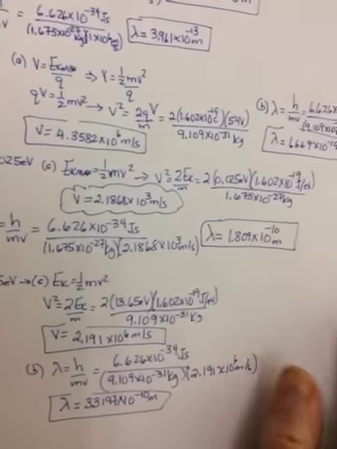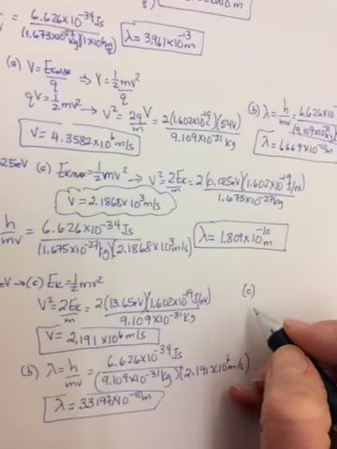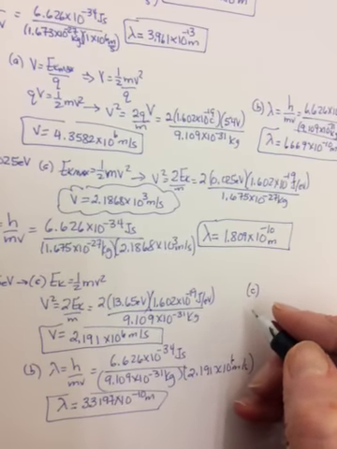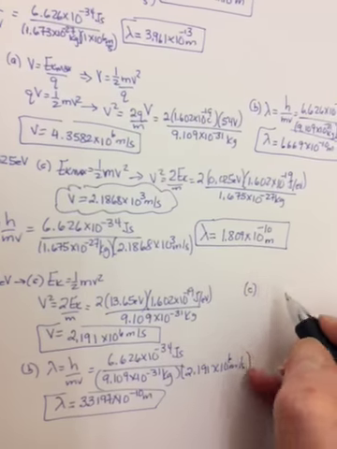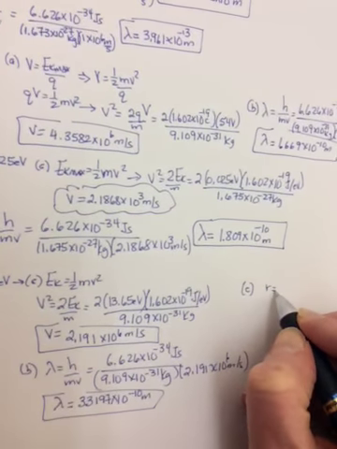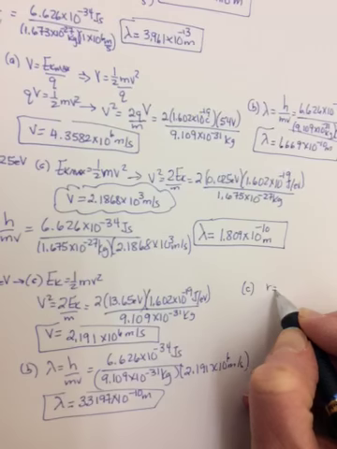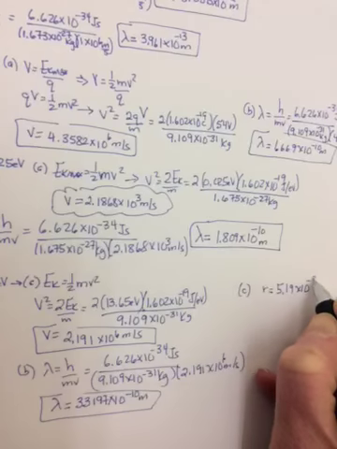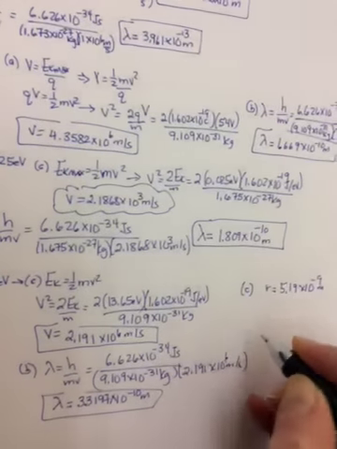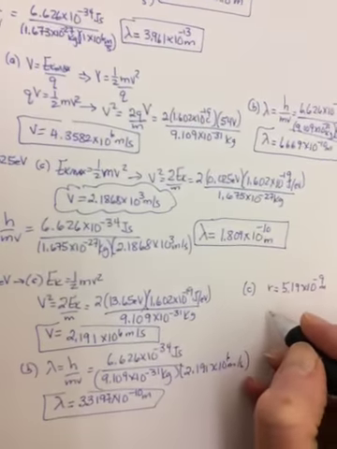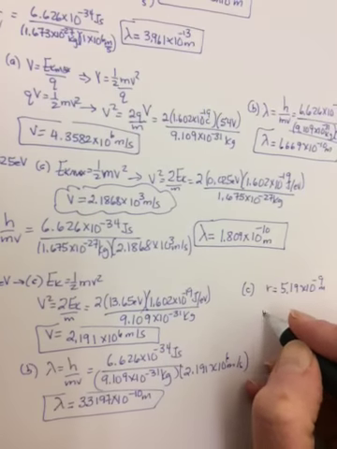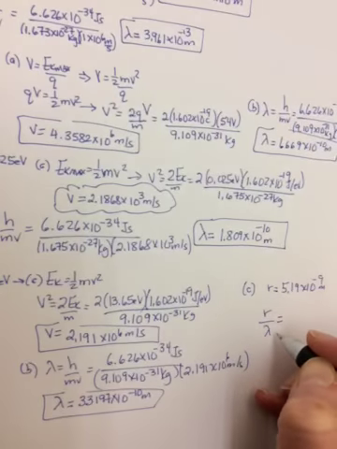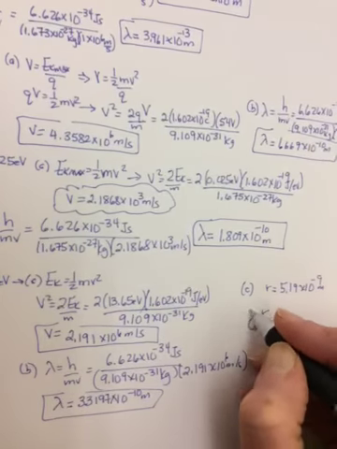Now part C says compare your answer with the radius, they give it to you, the radius of a hydrogen atom. So the radius of a hydrogen atom, they tell you, is 5.19 nanometers. So 5.19 times 10 to the negative 9 meters. This is times 10 to the negative 10. So if you want to compare, you could do a ratio. Radius divided by lambda, maybe the other way around to make it bigger.